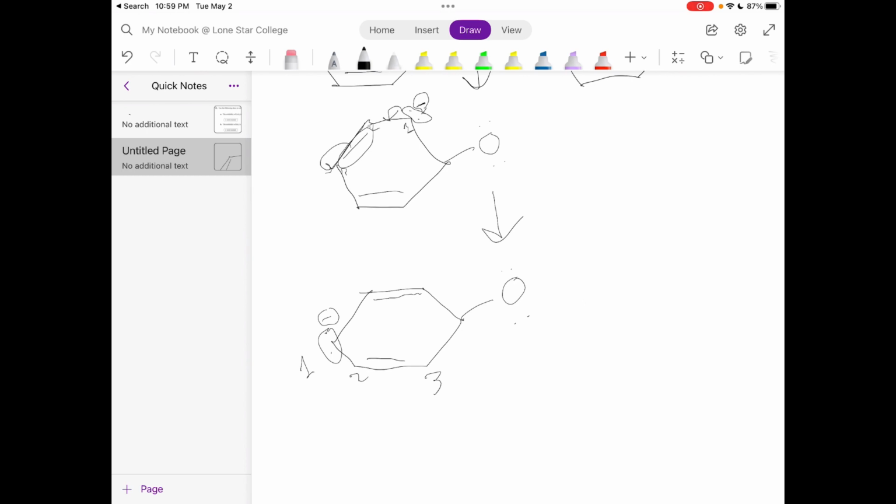I actually just learned this today, so surprised I got this far. Yeah, so this goes right here, makes a double bond, and this goes right here.